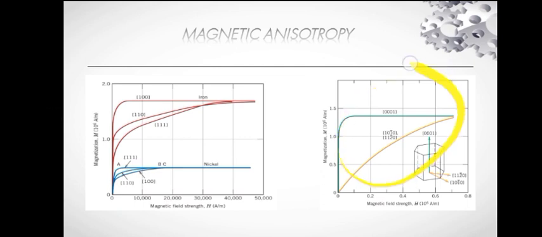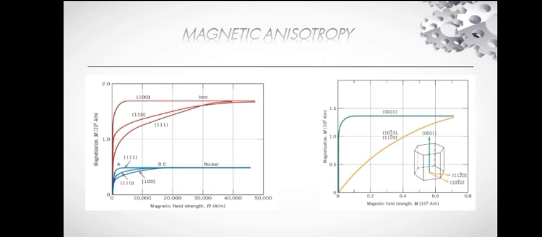For the next figure, magnetization curves for single crystals of cobalt. The curves were generated when the magnetic field was applied in the [0001] and [1010] and [1120] crystallographic directions. The crystals of nickel and iron, where the magnetizing field is applied in the [100], [110], and [111] crystallographic directions.